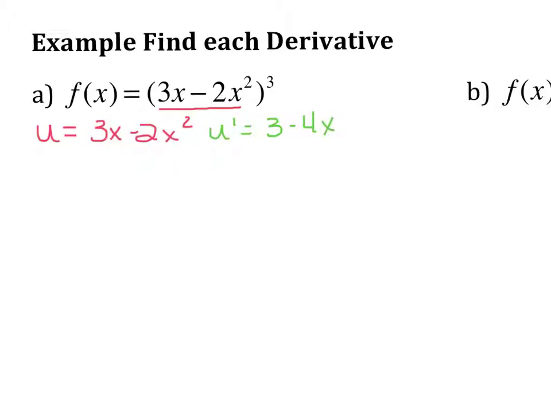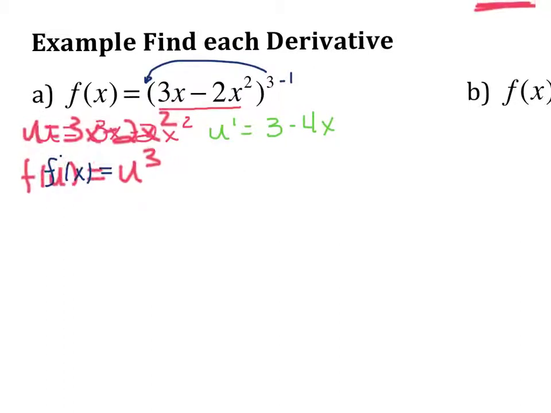And then we're going to use the general power rule. F prime of x is going to be equal to, remember, we bring the exponent down in front and then we subtract 1 from it. So we have 3 times u raised to the 2nd power times u prime.